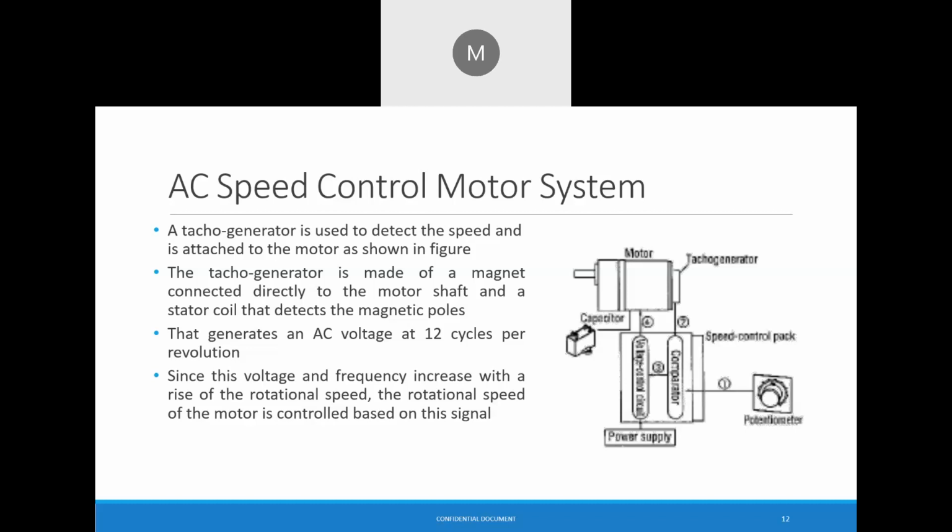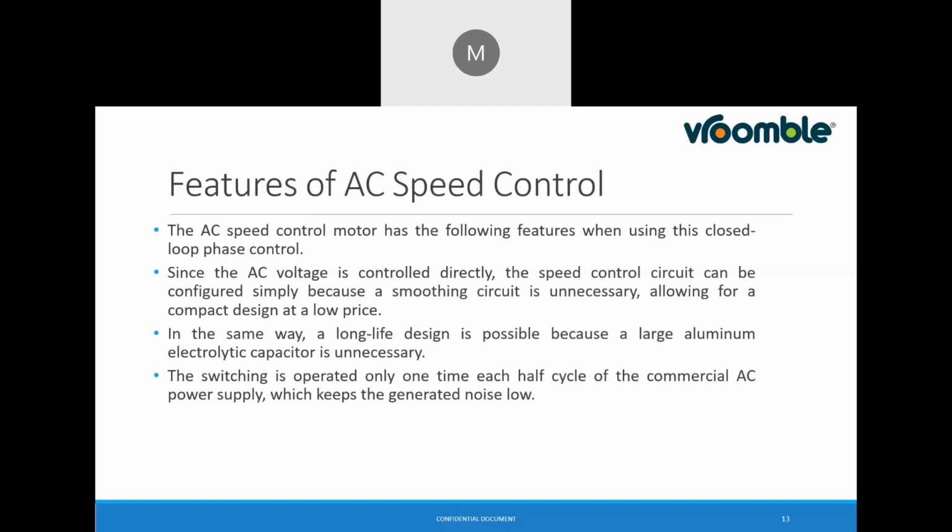The tacho generator is made of a magnet connected directly to the motor shaft and a stator coil, which detects the magnetic poles. That generates an AC voltage at 12 cycles per revolution. Since this voltage and frequency increase with a rise of the rotational speed, the motor is controlled based on the signal. So this is a very basic controlling method. But we will see how the three phase motors in EVs are controlled.